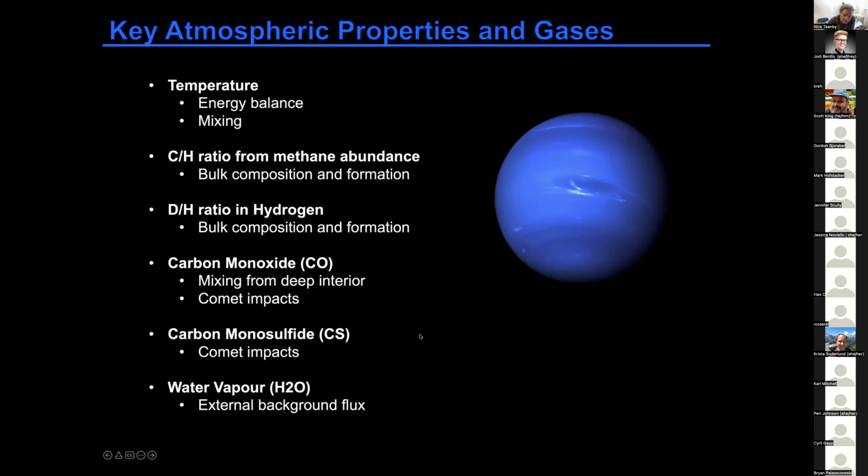So that's quite an interesting one. There's carbon monosulfide, so CS, which is produced in cometary impacts. So that's a good indicator of comet impacts. I'm not going to say much about it here, but we can also measure the water vapor, and that's a good indicator of any background interplanetary dust particles that are getting into the top of the stratosphere.